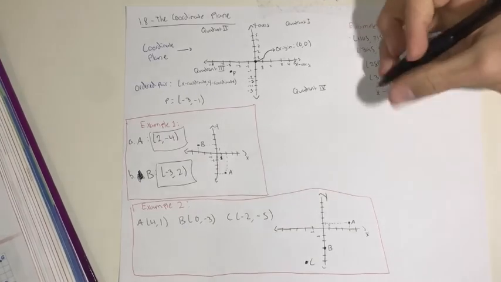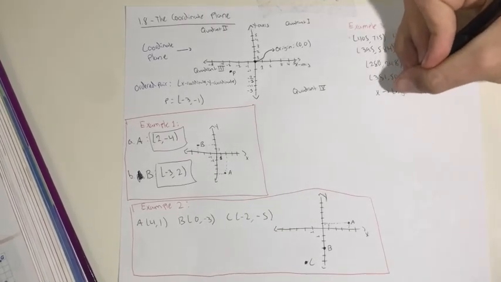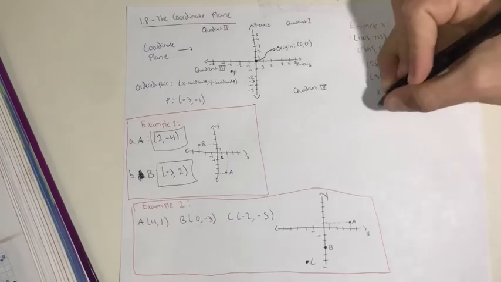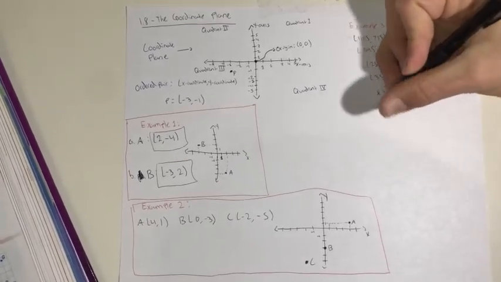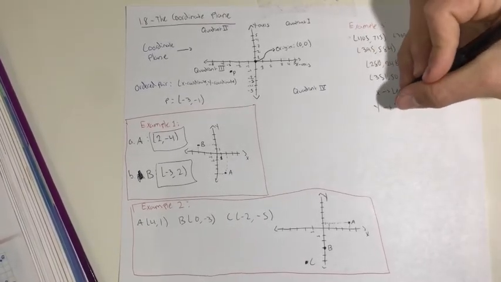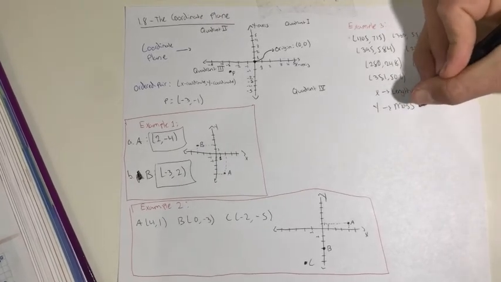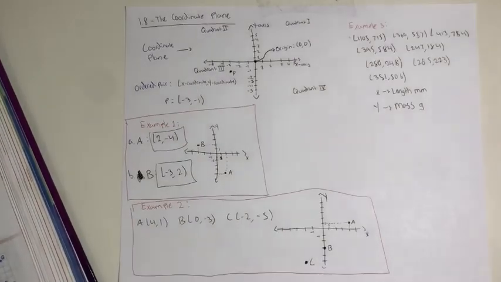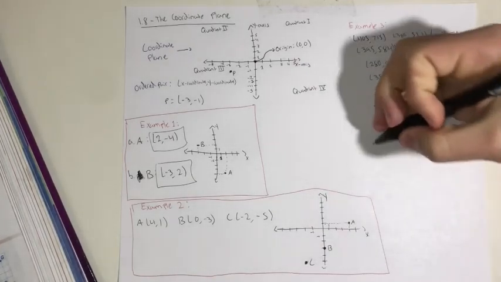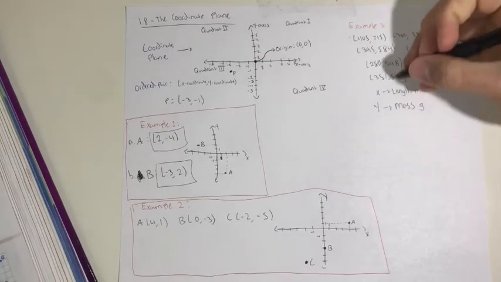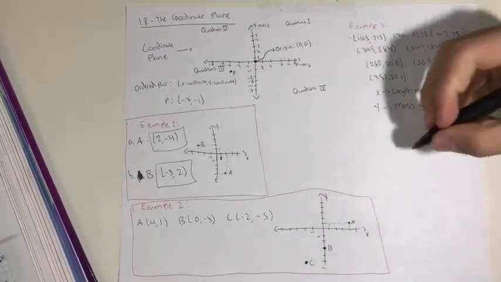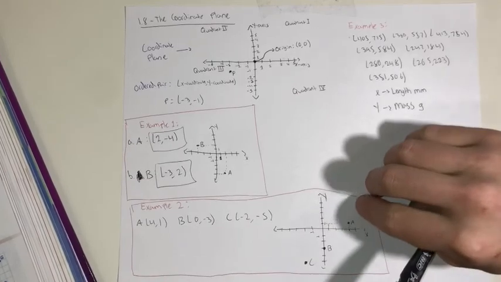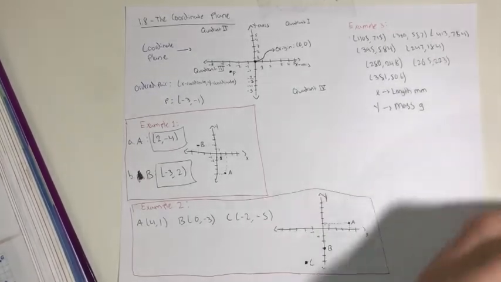It's the length of the rainbow trout. Length in millimeters, always include the unit. And the y is the mass of the rainbow trout, which is given in grams. So what you would do in this case, which would be better to do with a graphing calculator or online, would be to graph this by making an x-axis and a y-axis and then plotting the points, and you get an overall estimation of the relationship between the length and mass of the rainbow trout.